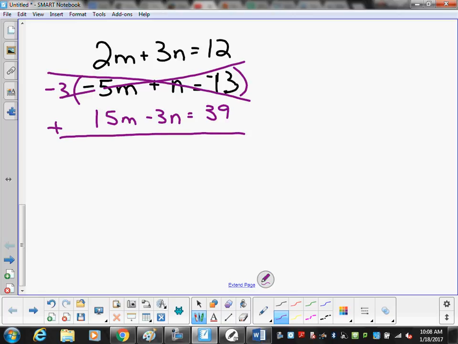So now add that first and that third one. So 2m plus 15m is 17m. 3n plus a -3n cancels out. Then 12 plus 39 equals 51. Okay, my bad.